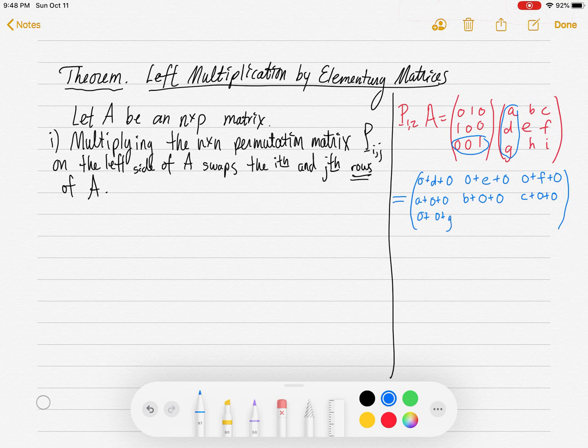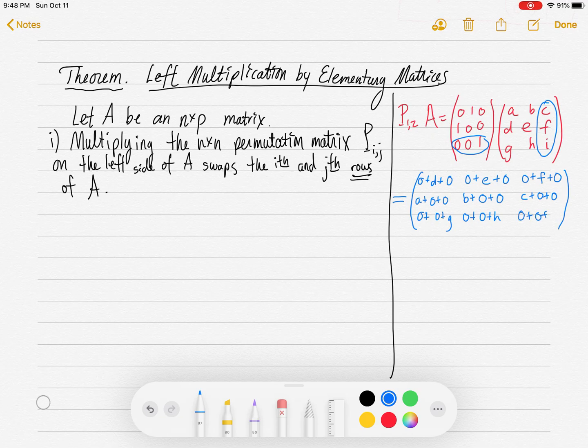Going on to the third row. Third row, first column: 0 times a is 0, plus 0 times d is 0, plus 1 times g is g. Now the third row, second column: 0 times b is 0, plus 0 times e is 0, plus 1 times h is h.